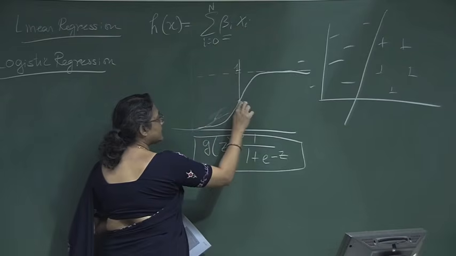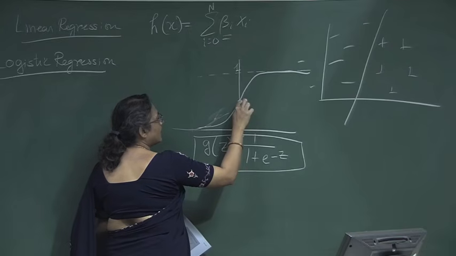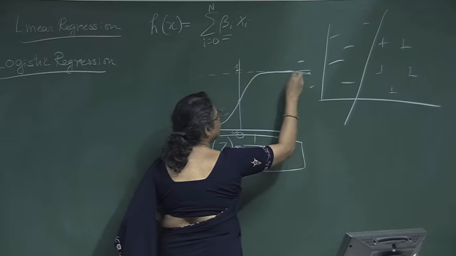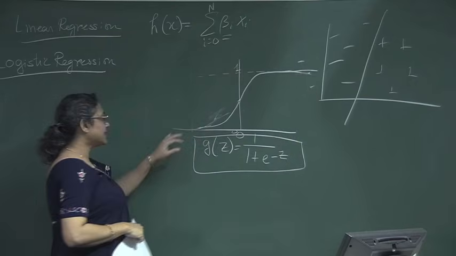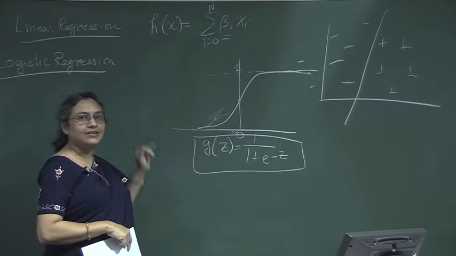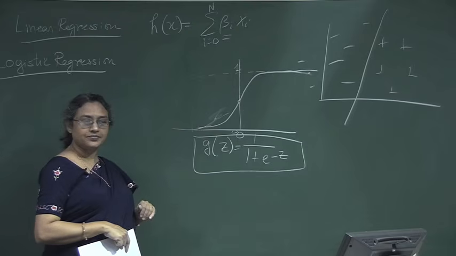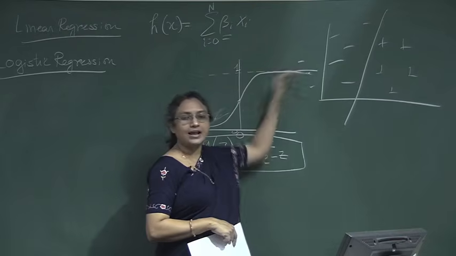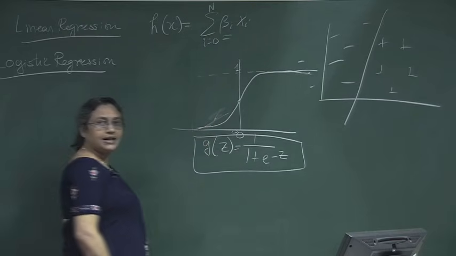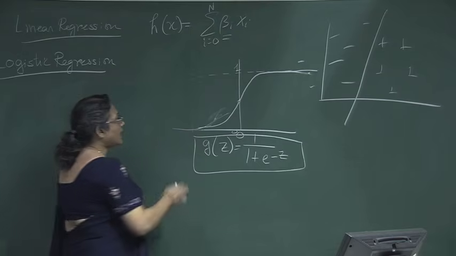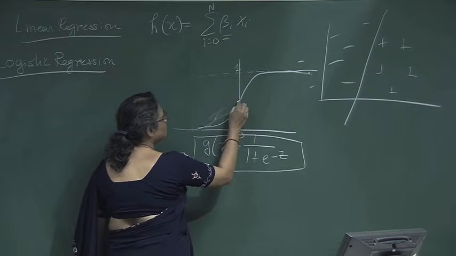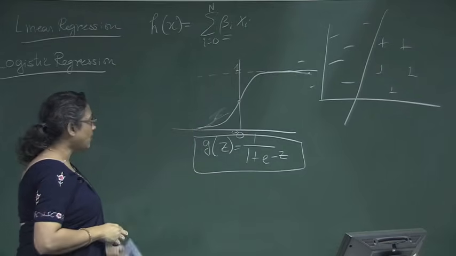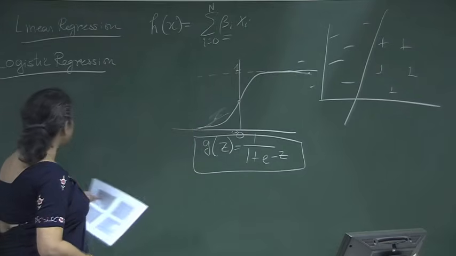At z equal to 0, the value is 0.5. As z tends to infinity, the value tends to 1. As z tends to minus infinity, the value tends to 0. So, this function gives a value between 0 and 1, and how can we use it for classification? If the output is greater than 0.5, it is positive. If it is less than 0.5, it belongs to the negative class.